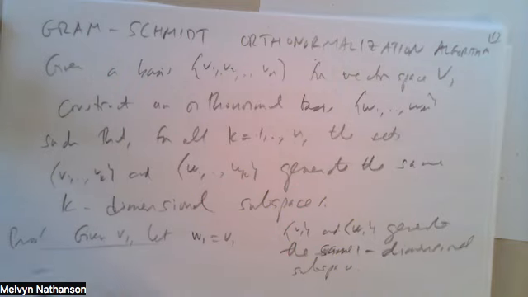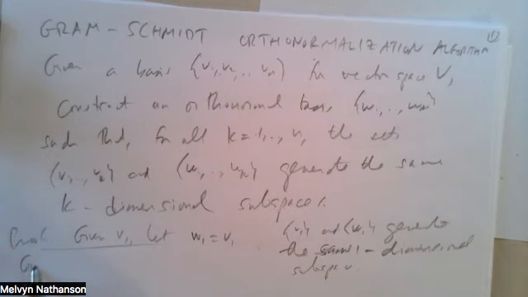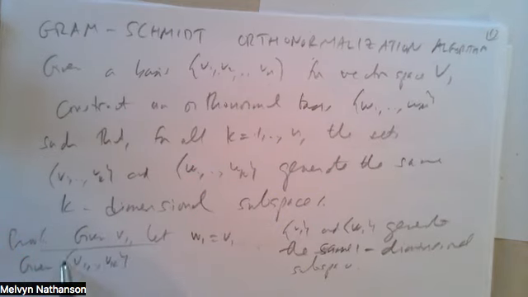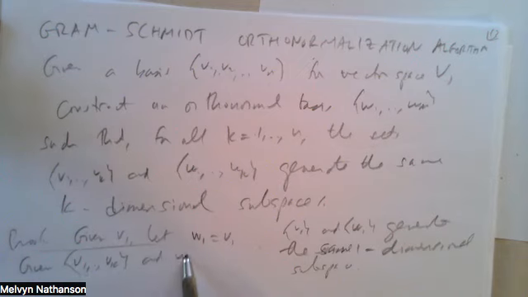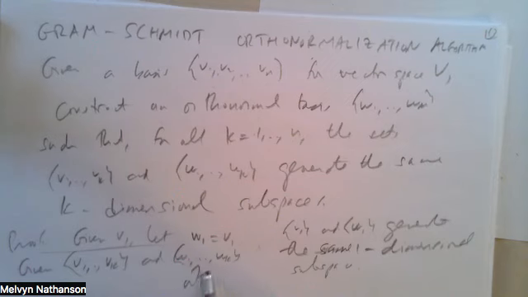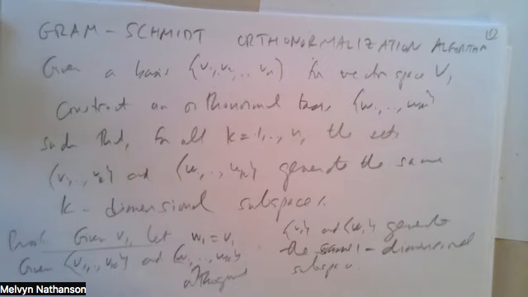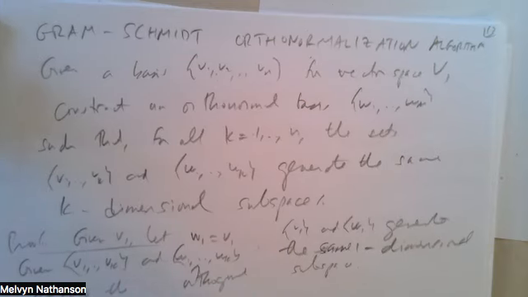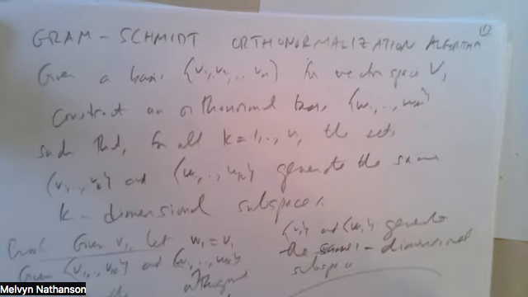So let's go step by step. Suppose we have V1 up to Vk and W1 up to Wk, sets of vectors. These are orthogonal, and these two sets generate the same k-dimensional subspace. So here's a kind of picture.